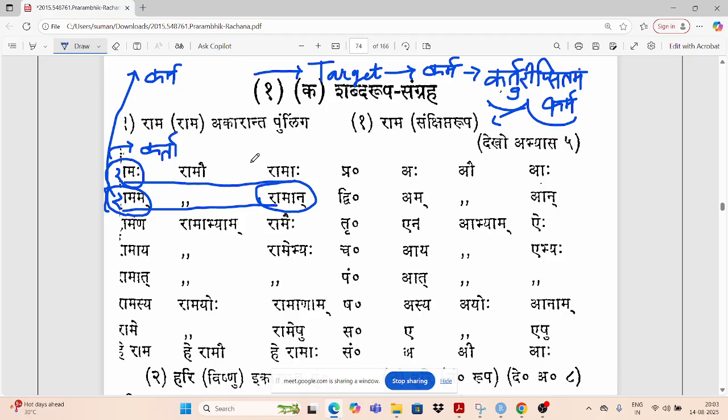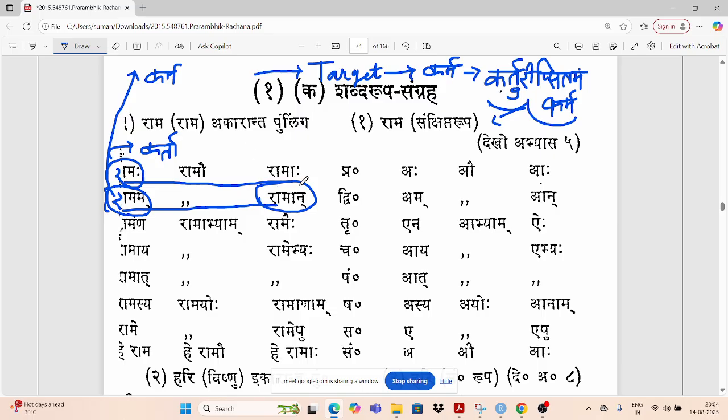And also, if there are many Ramas who are going somewhere, to school or whatever, just for example, then those Ramas who are going somewhere would be the Kartas.